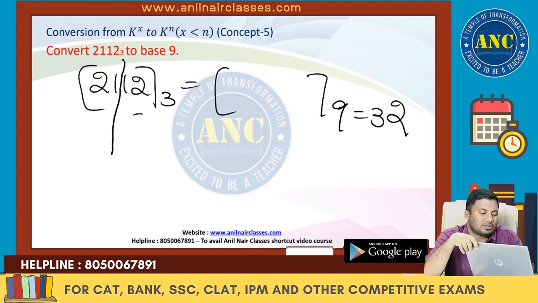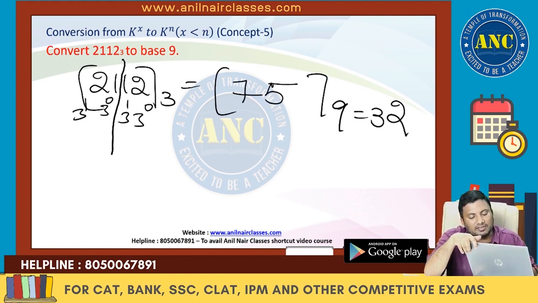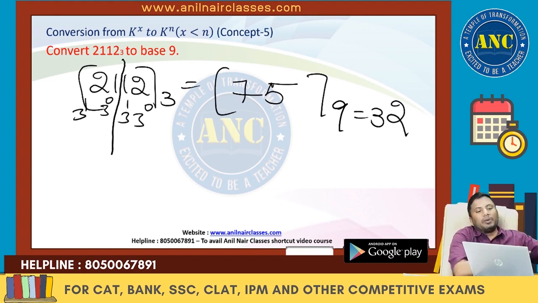Because it is 3 square. 3 power 0, 3 power 1. 3 2s are 6, 6 plus 1, 7. 1 2s are 2, 2 plus 3 is 5. Answer is 7 5 base 9. Reverse case is where I took every group of 2 digits. Now 2 digits should become a group. I hope it is clear, right?